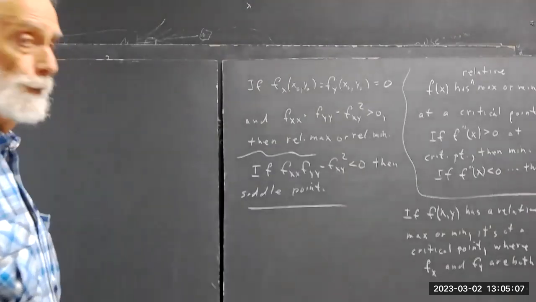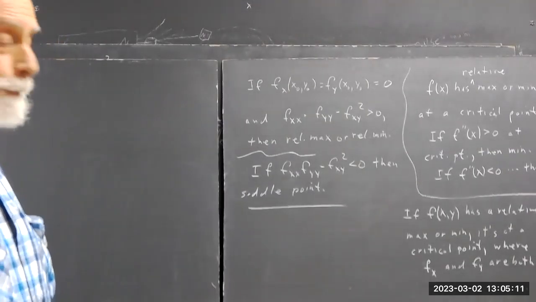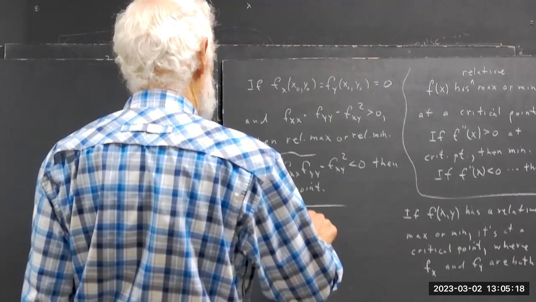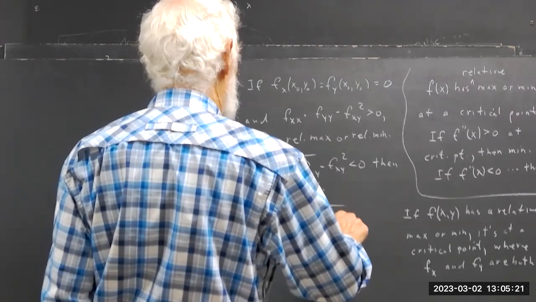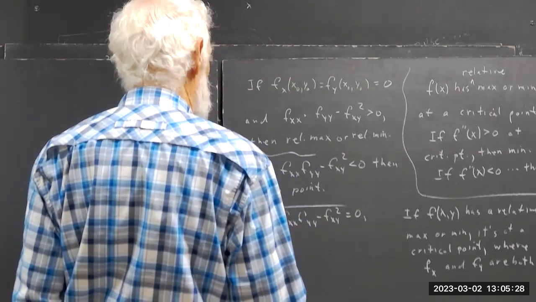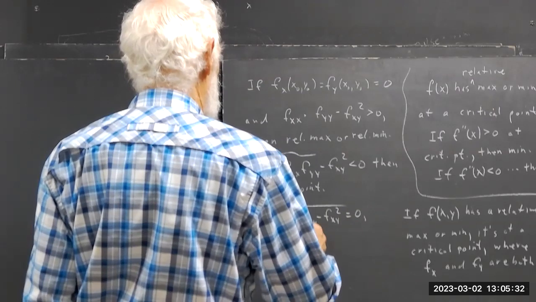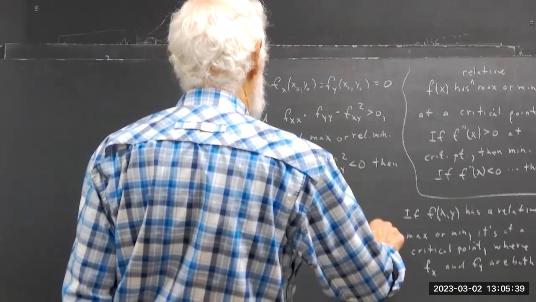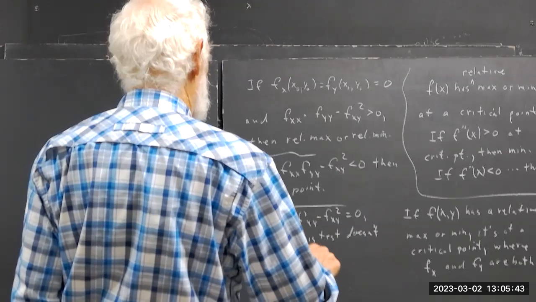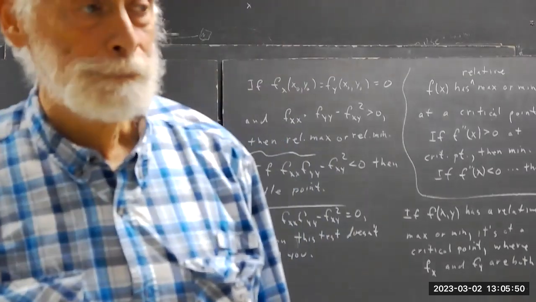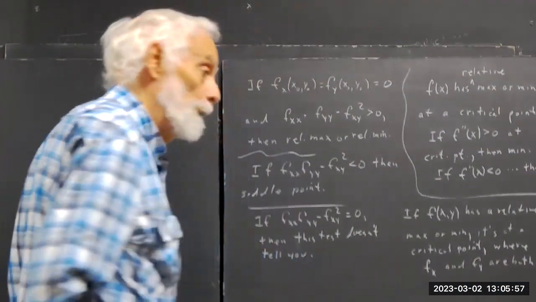If this thing is less than zero, then it's a saddle point. And if it's equal to zero, then this test doesn't tell you whether you have a maximum, minimum, or saddle point, and then you've got to go to some other test.